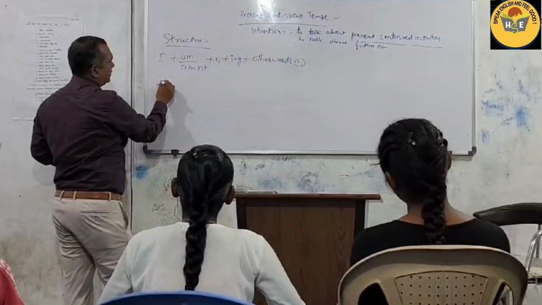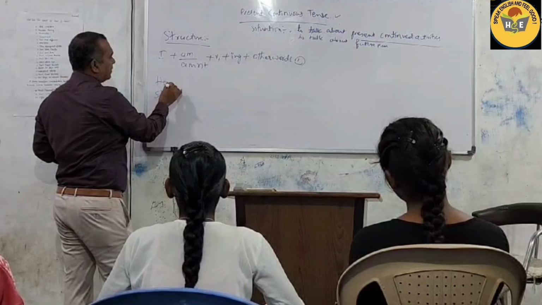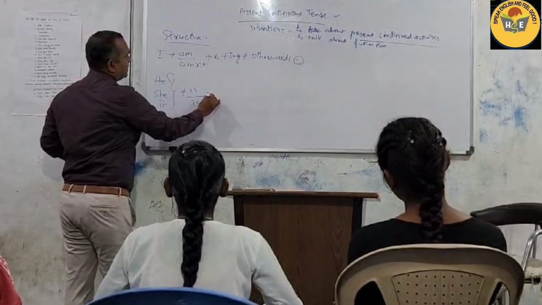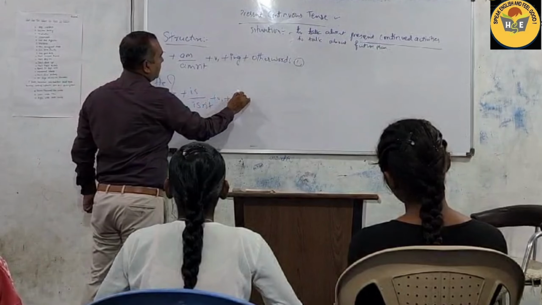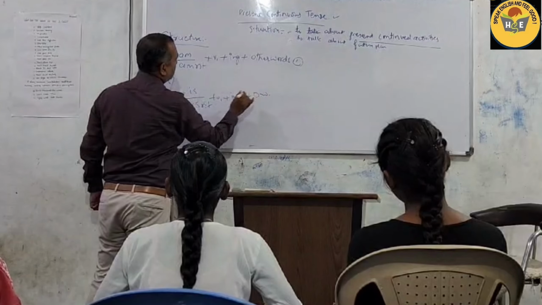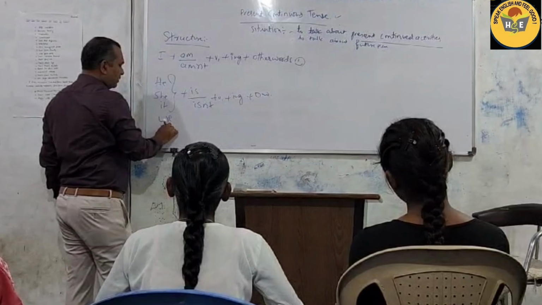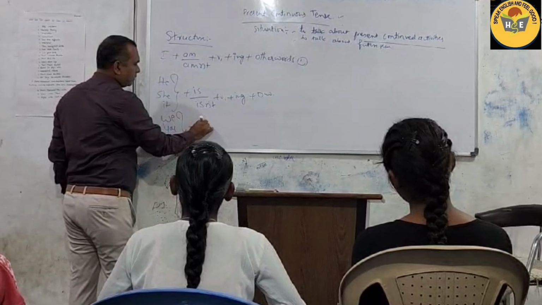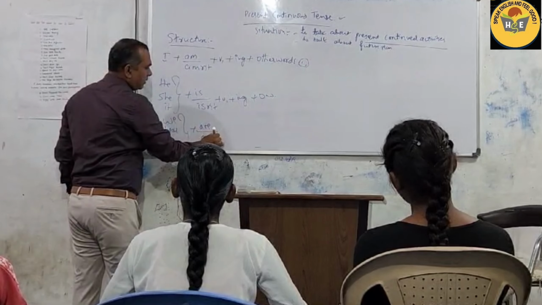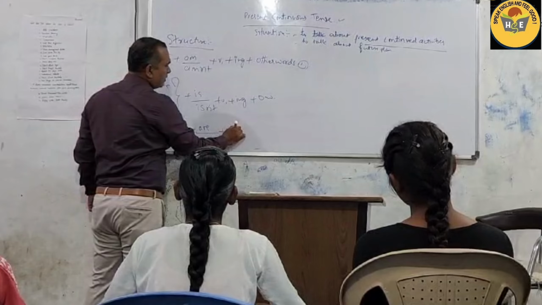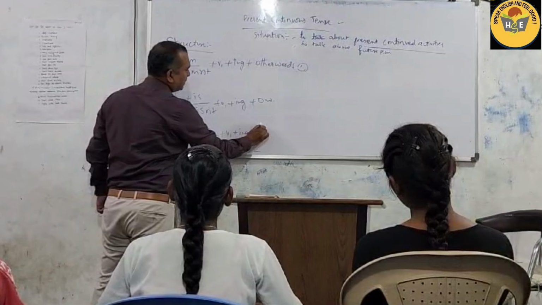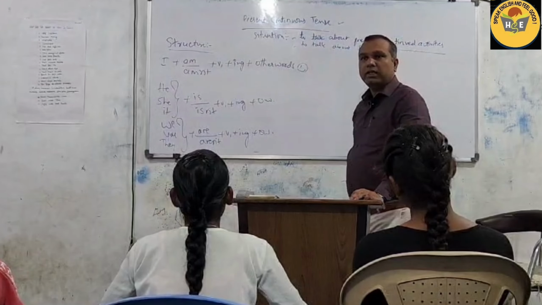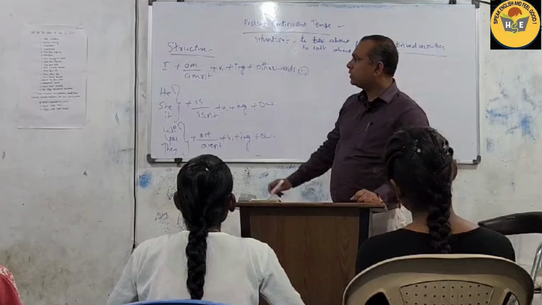The second structure is he, she, it: is, isn't, verb plus ing plus other words. We, you, they: we use are, negative form aren't, verb plus ing plus other words. These three structures we use in present continuous tense.